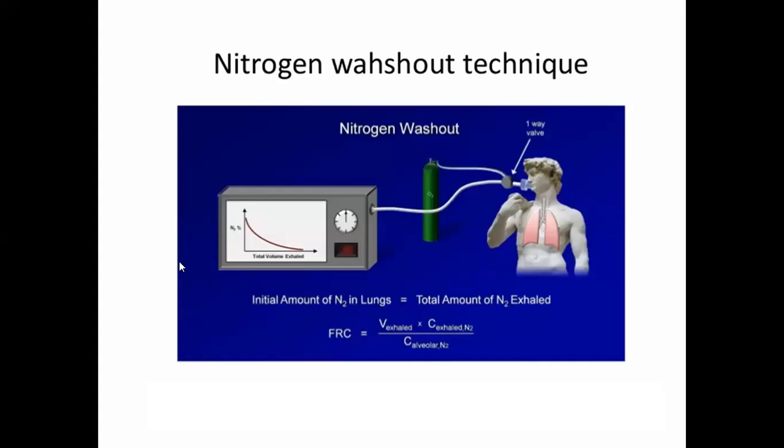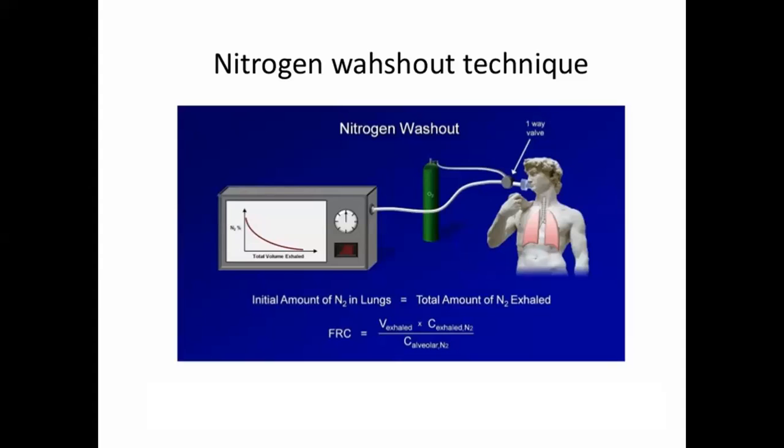In the first case, the nitrogen washout technique. Here we have the O2 cylinder, oxygen cylinder. In the air we inhale, we have nitrogen and oxygen. Whenever we inhale, that air consists of both oxygen and nitrogen, but the nitrogen percentage is very high and the oxygen percentage is less compared to nitrogen.